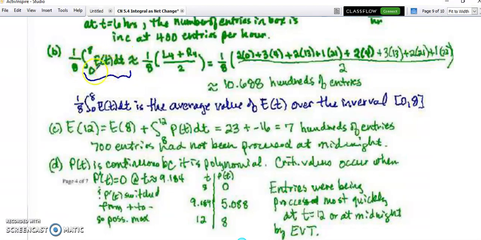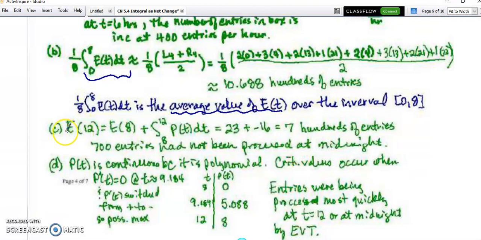When you're calculating the net change in the entries being deposited, you kind of get confused a little bit about your units. But if you understand that this is the average value of E of t, then this number right here should have units that match E of t, which is why the units are hundreds of entries there. So be careful about that and pay attention to what units you would have.